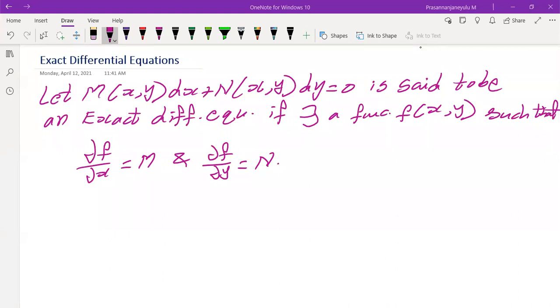But in procedure, in problems, I'll give you a note: in problems, we'll check only this.